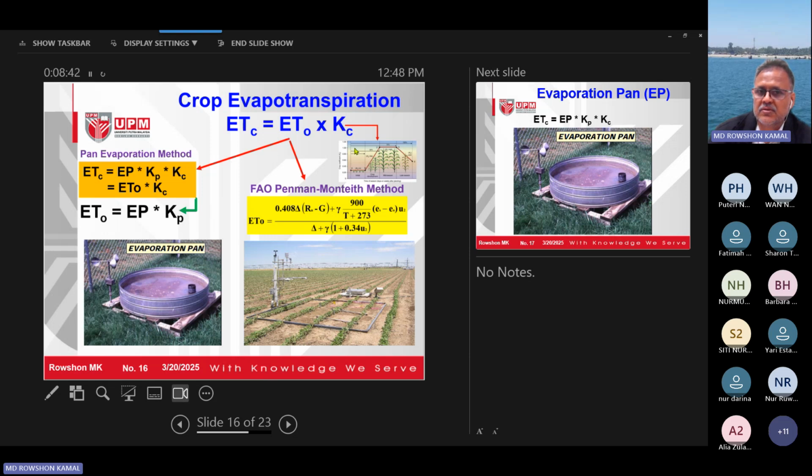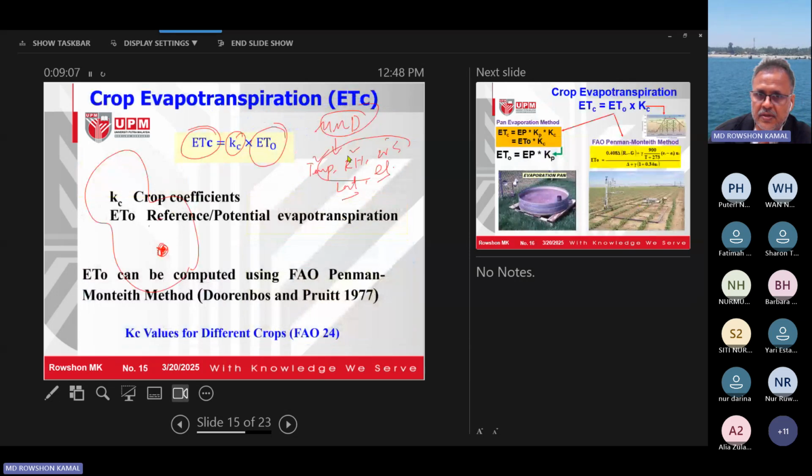This technique is called the pan evaporation method, and the other technique is called the Penman-Monteith model. So this one is experimental, and this one is empirical or mathematical. It is a complex equation, and we need the data I just wrote here: temperature, relative humidity, wind speed, latitude, and elevation.